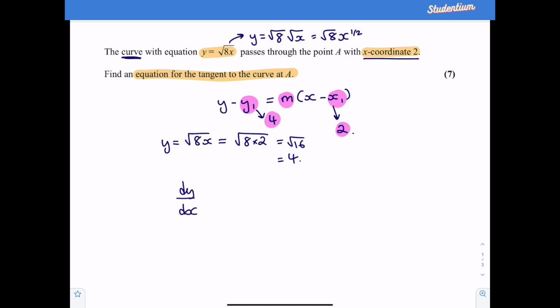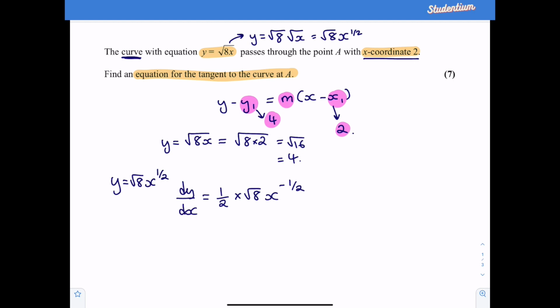So here we're differentiating y equals root 8 x to the half. To differentiate a polynomial like this, remember we multiply through by the power. So that's going to be a half times root 8, and then we take one away from the power. So we've got a half times root 8, x to the minus a half.